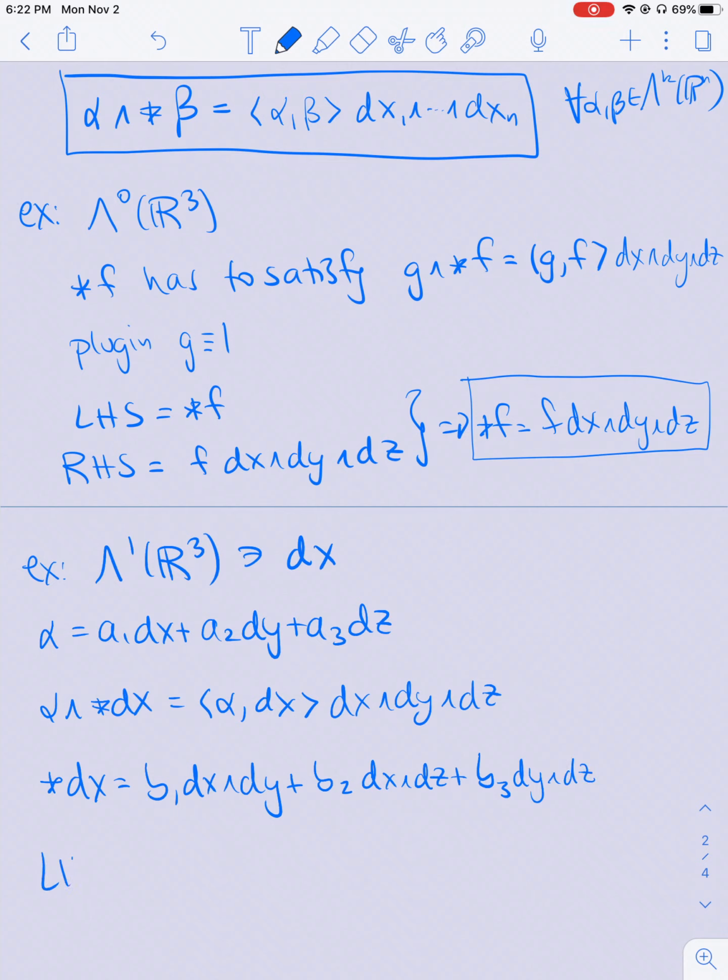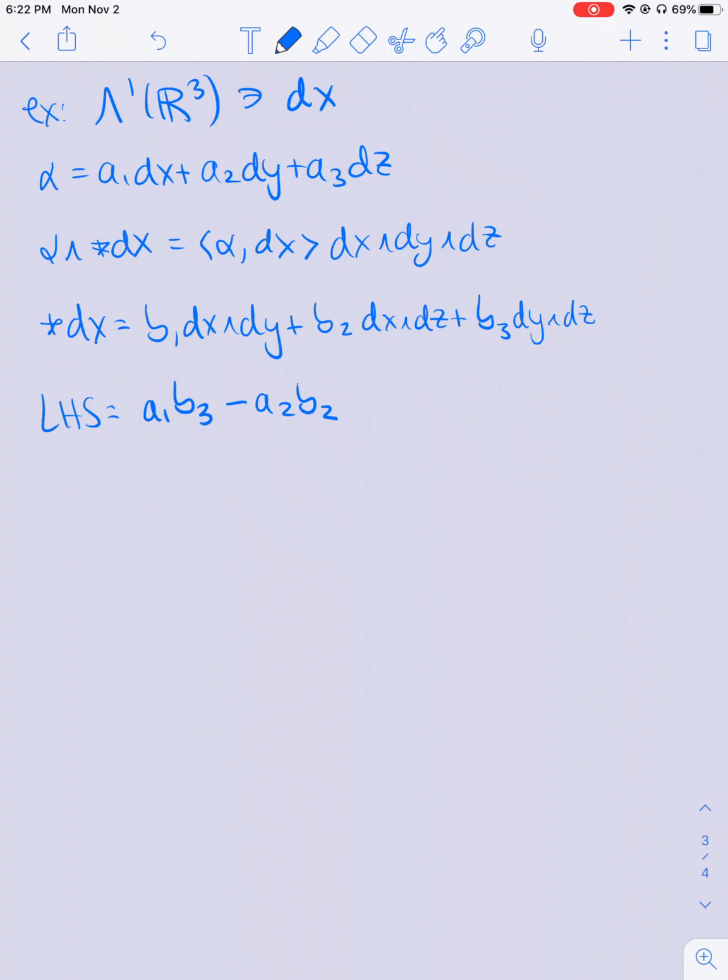Okay, so now the left-hand side is equal to, a1 will only match up to b3. Then a2 will only match up to b2, but I have to have a minus sign. And then a3 will only have a non-zero wedge product with b1, so a3 b1 times dx wedge dy wedge dz.